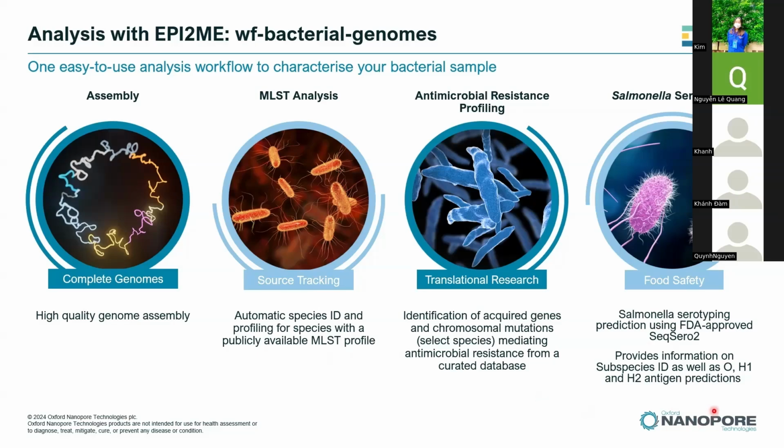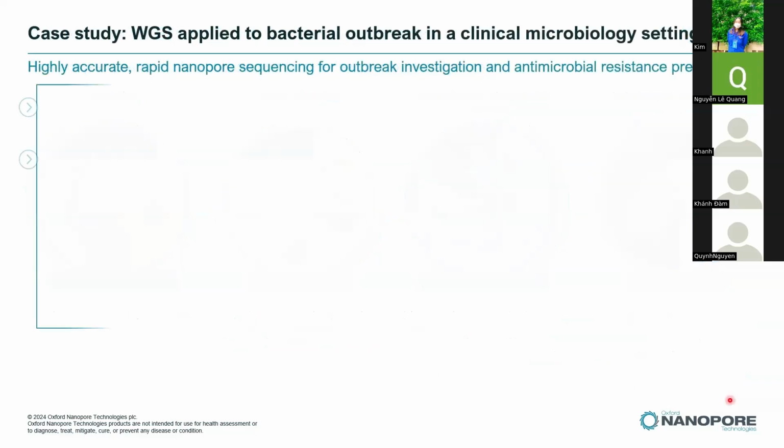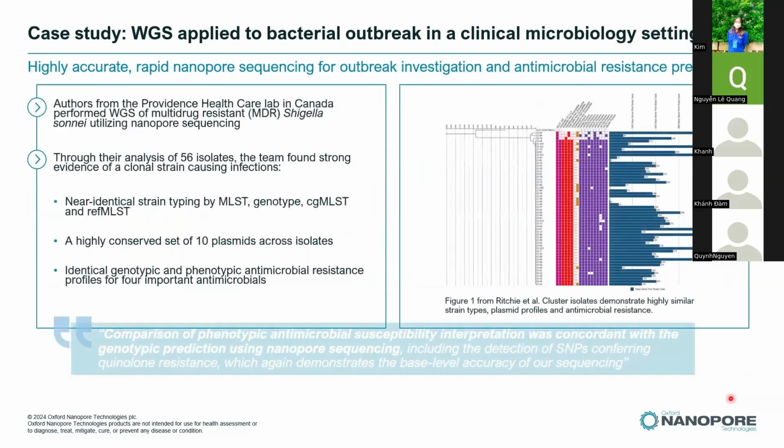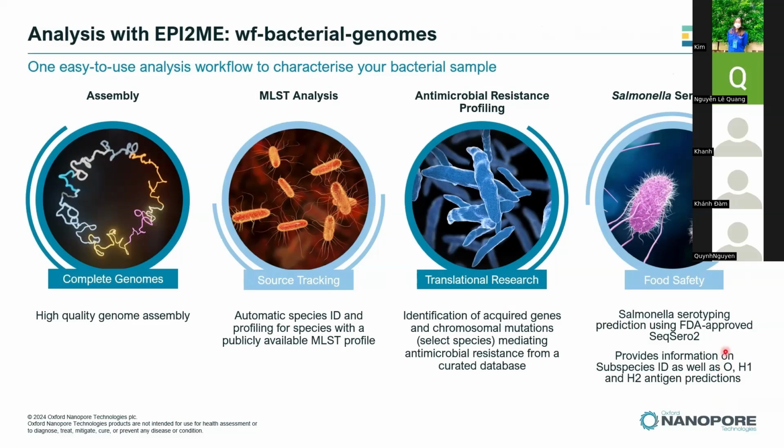And also, if you are working on food safety and looking for a Salmonella serotyping prediction tool, feel free to reach out to us. We have an end-to-end solution using the FDA approved tool, which allows for precise serotyping.